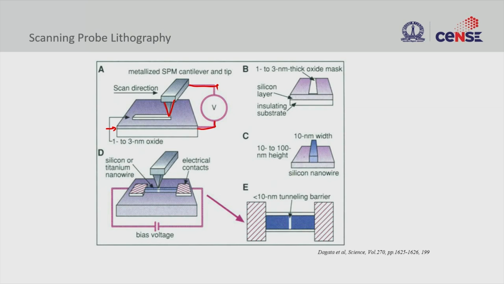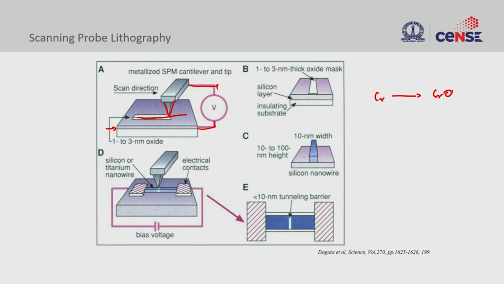For instance, chromium in the presence of a high electric field in atmosphere can oxidize, and this oxidation can result in electron migration. So you can either oxidize the surface, or you can create electron migration.